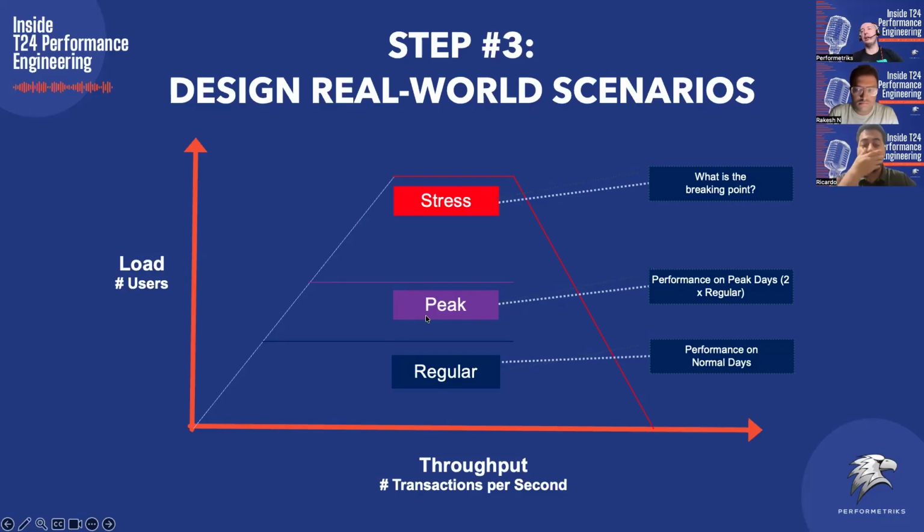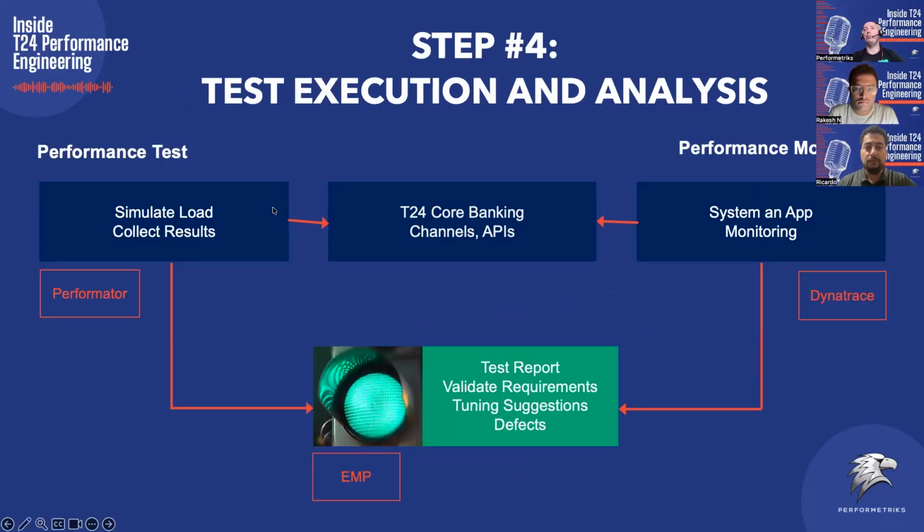When the peak results are good and the test is passed, we can go to the breaking point test, which is a stress test. We are trying to estimate how much concurrency and how many transactions the system can hold and still be operable. That is also a very important point.